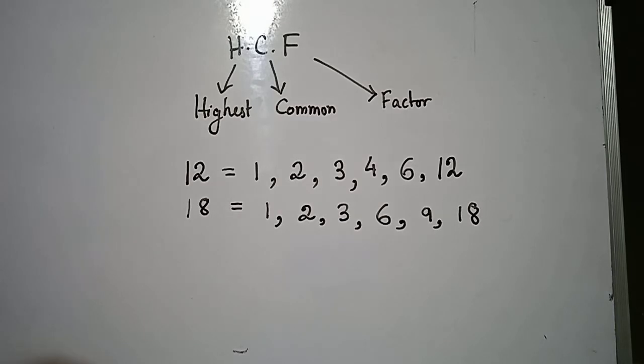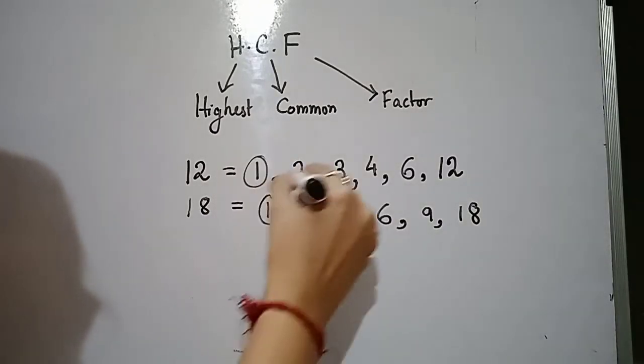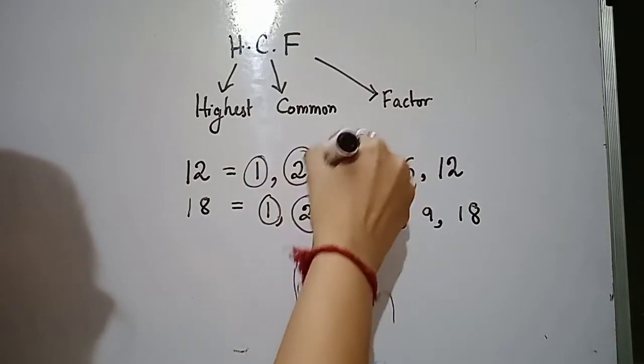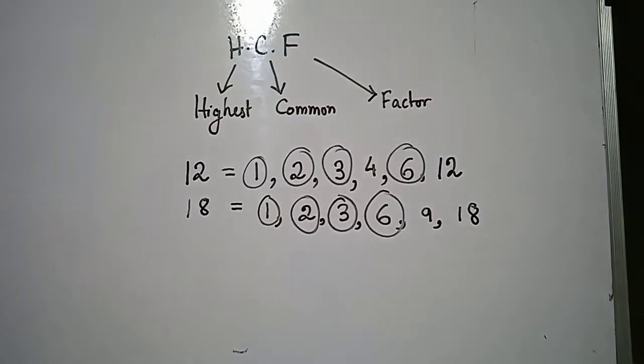So here we can see that 1 is common for both 12 and 18, 2 is common for both 12 and 18. So 1, 2, 3, 6. These are the common factors of 12 and 18.